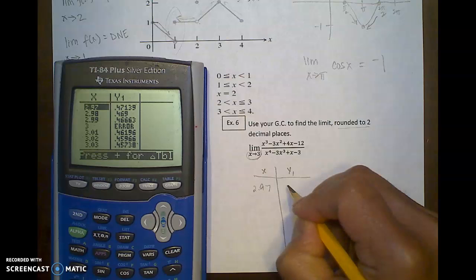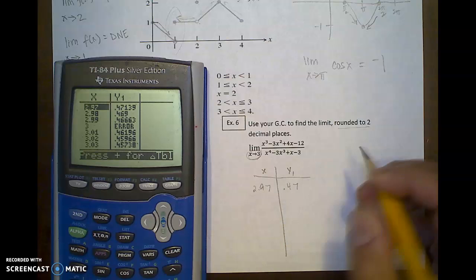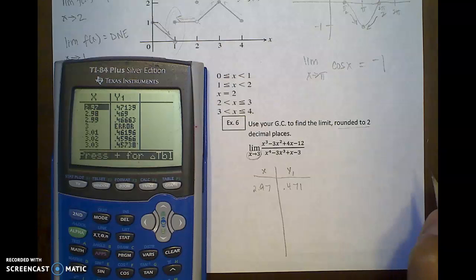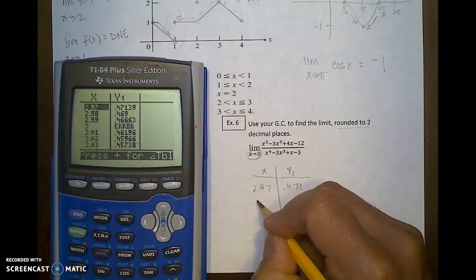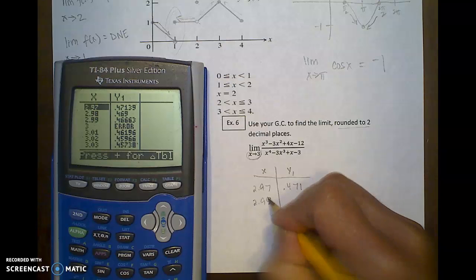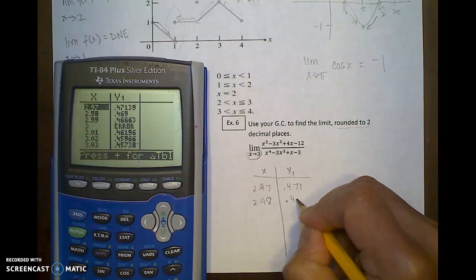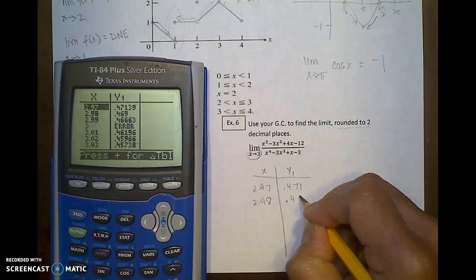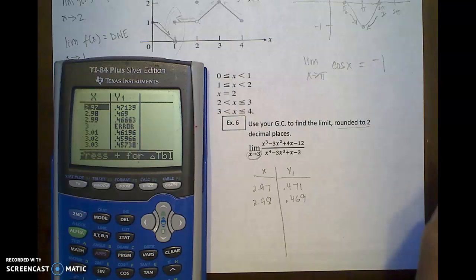2.97 gives approximately 0.471. Input value 2.98, 0.469.